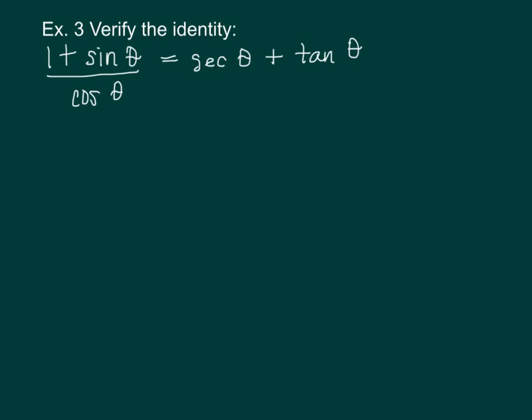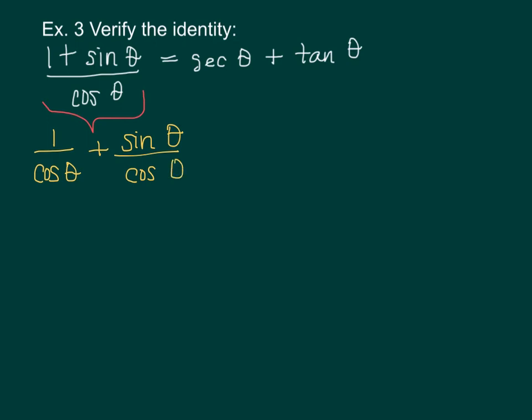Okay, for the third example, I'm going to use the left side again. And this is an example where you can split or change this single fraction into 2. So you put each part in the numerator over your denominator, like this.